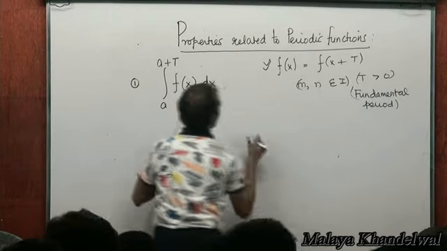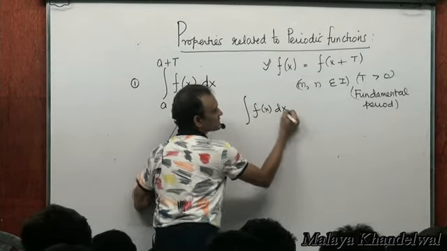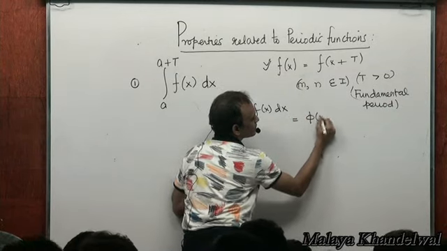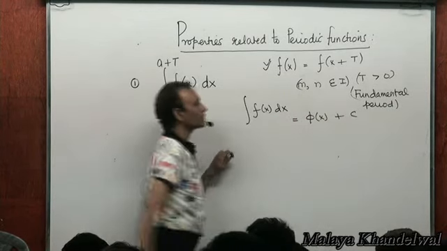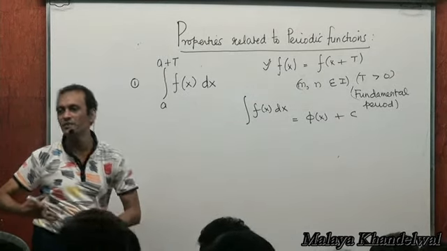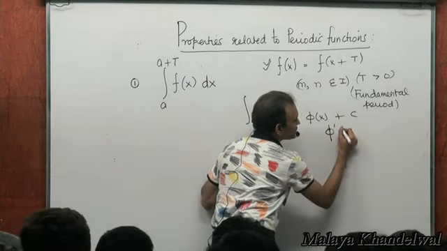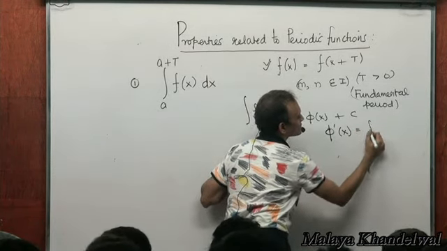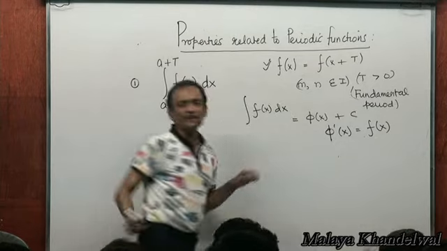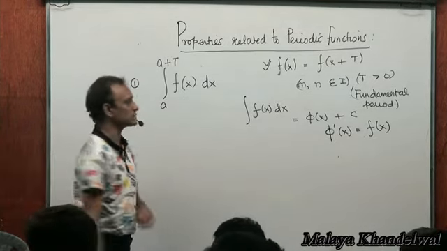Let's say the primitive of f(x) is some phi x. That means phi x when differentiated gives me f(x), right? That means phi dashed x is f(x). Phi when differentiated gives me f. Phi dashed x is f(x).